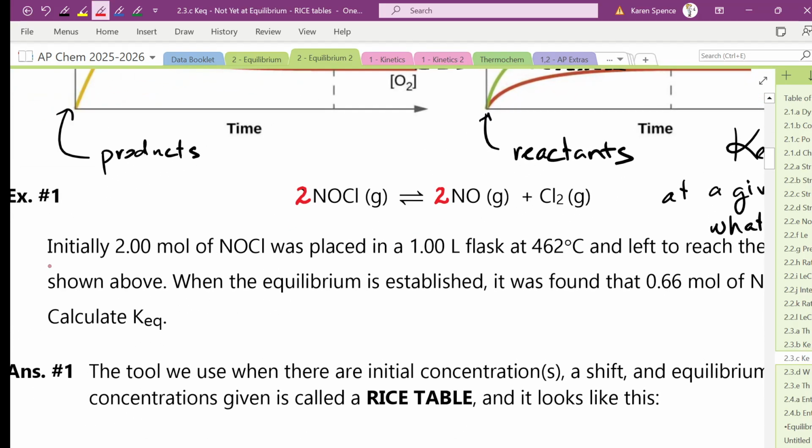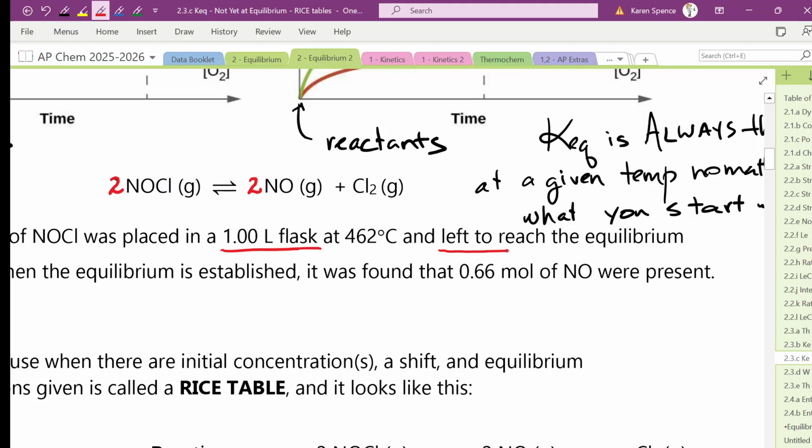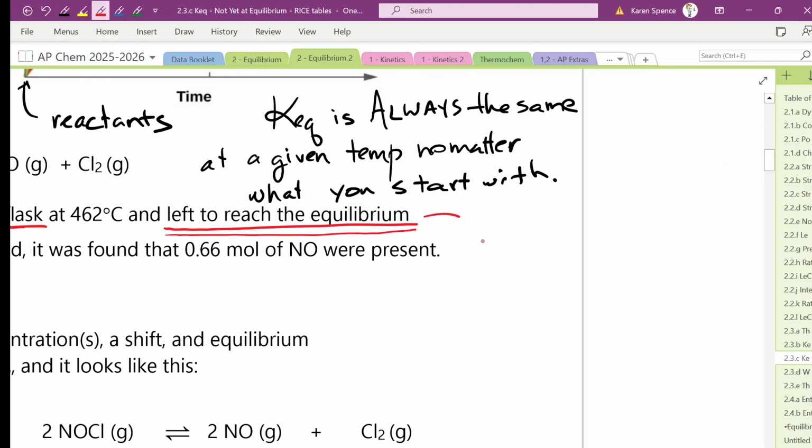And we are told that initially 2 moles of NOCl was placed in a 1 liter flask at 462 degrees Celsius, and it was left to reach equilibrium. So was this system at equilibrium to start with? No. Okay, so this language here tells you we were not at equilibrium to start with.